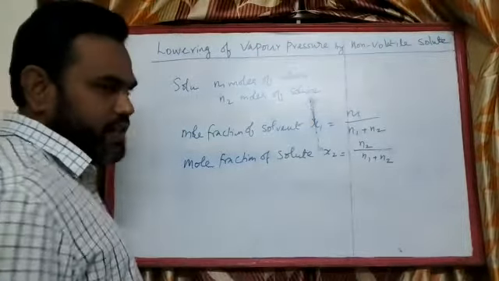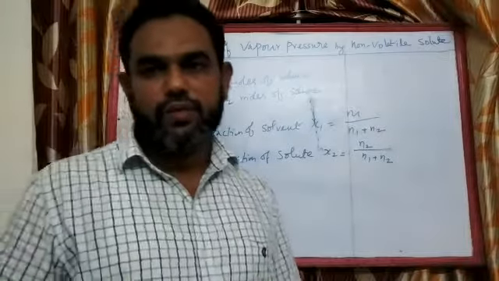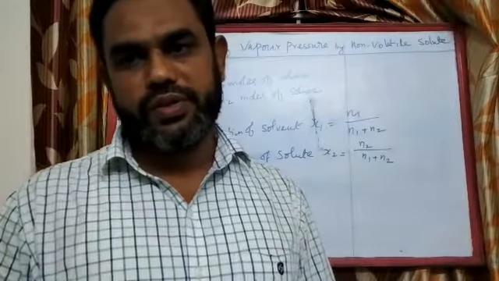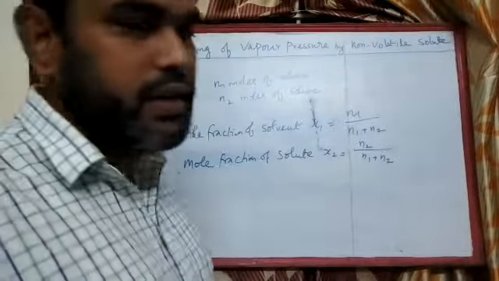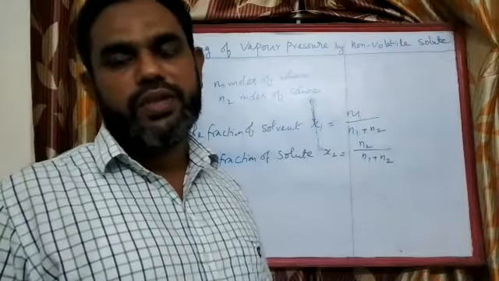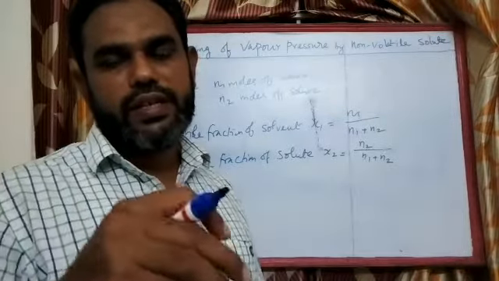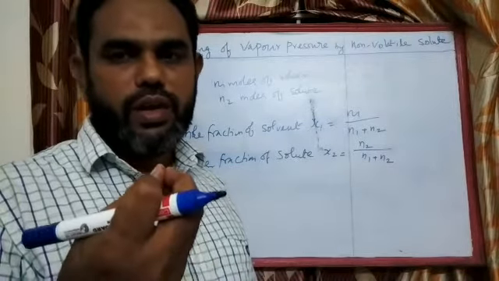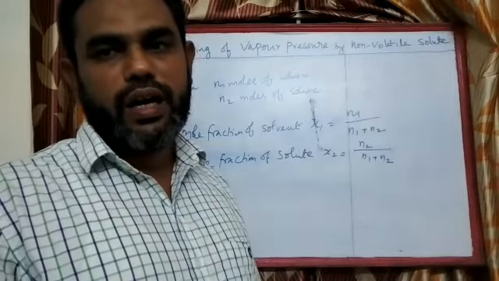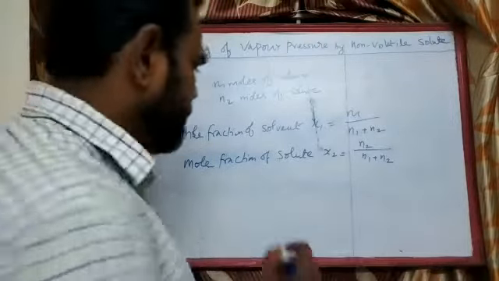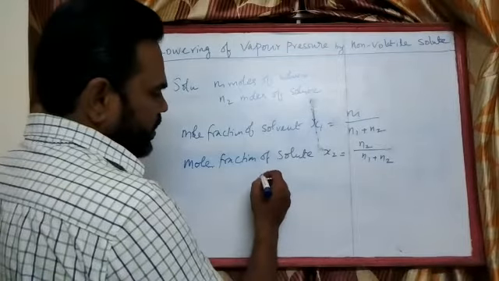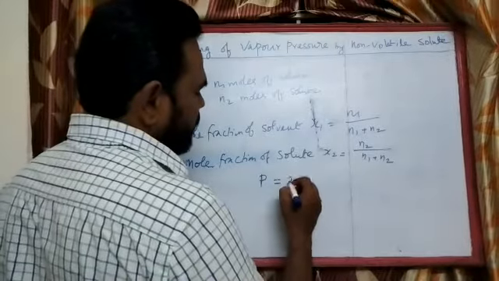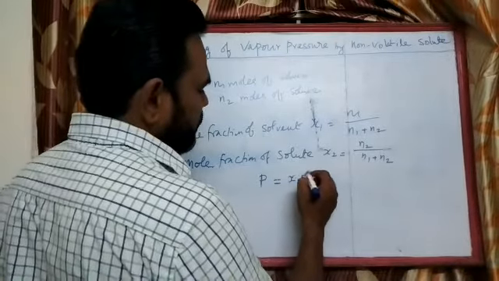Now, with the addition of a non-volatile solute to a pure solvent, the vapor pressure is reduced. For a very dilute solution, which contains a few grams or a little amount of non-volatile solute, the vapor pressure of the solution is P1 equal to x1 into P0.